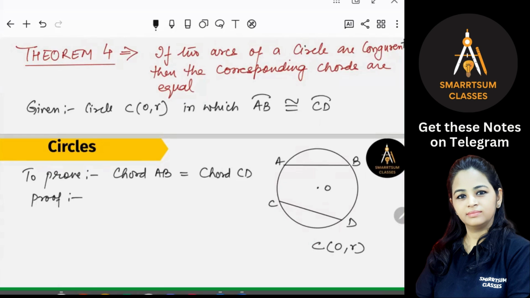Now, let's assume that AB and CD are the two arcs, two minor arcs. Because the arcs may be minor, maybe major, right? So suppose these are the minor arcs. Now, what will we do?